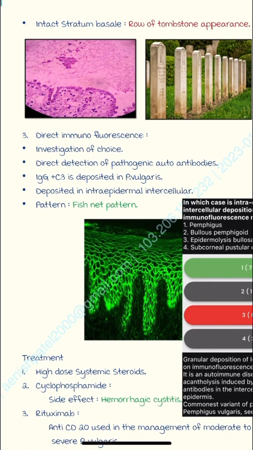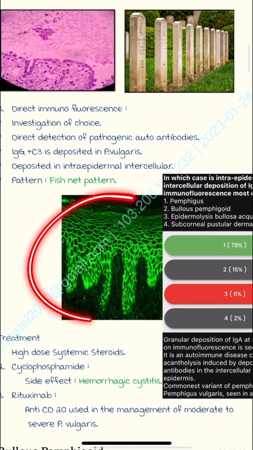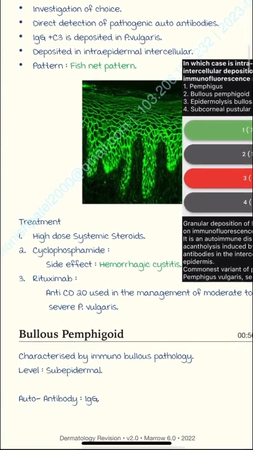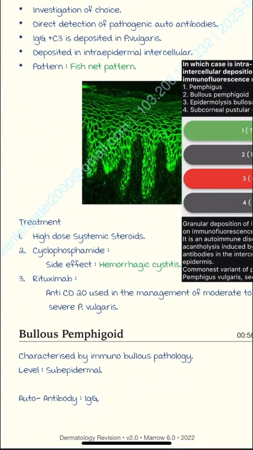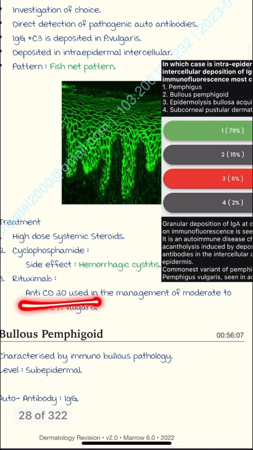IgG plus C3 is deposited intraepidermal, intercellular. Here a fishnet pattern is seen. Treatment is high-dose systemic steroids and cyclophosphamide, whose side effect is hemorrhagic cystitis, and rituximab, which is anti-CD20, used in the management of moderate to severe pemphigus vulgaris.